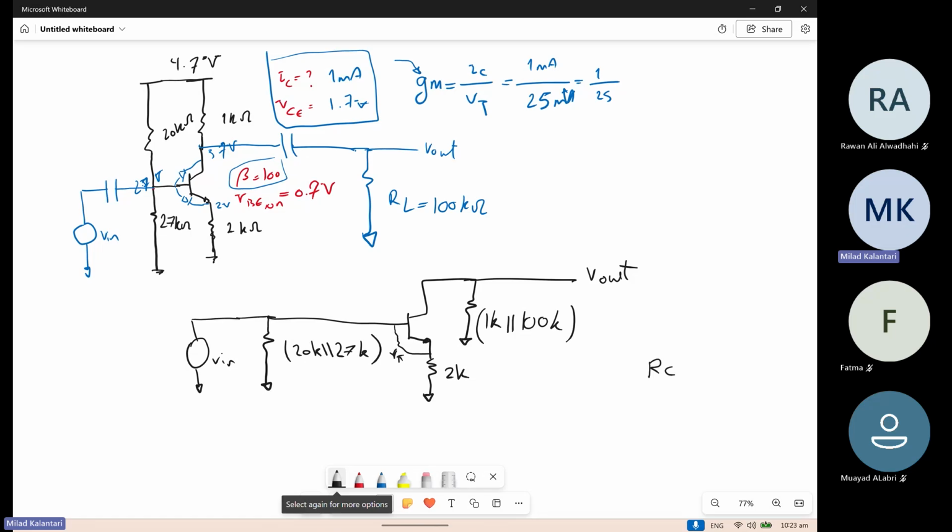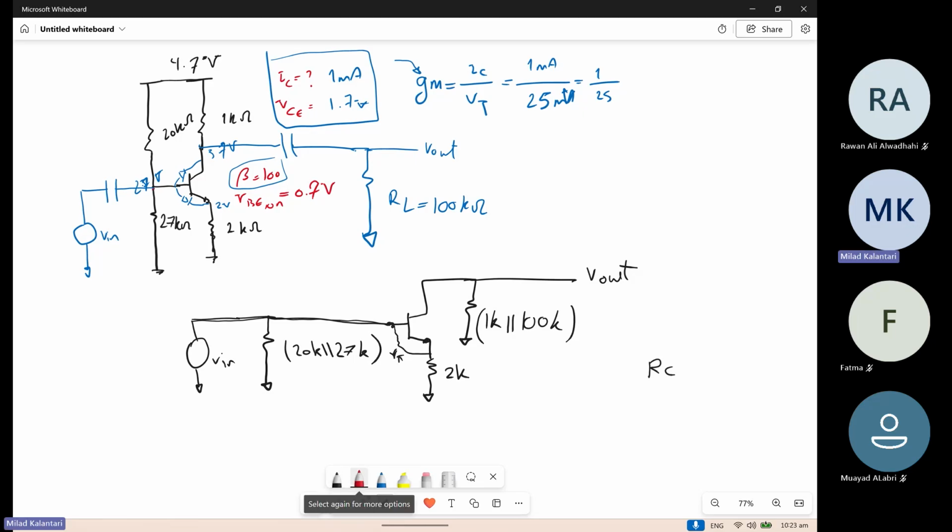This will be the V in. V in already is at the base basically. So this 20K in parallel with 27K is not doing that much because you already applied the voltage here, right?